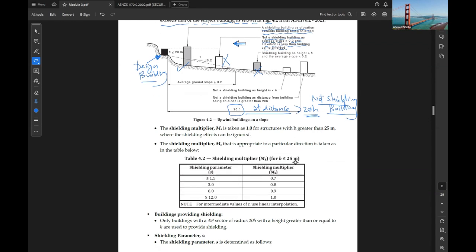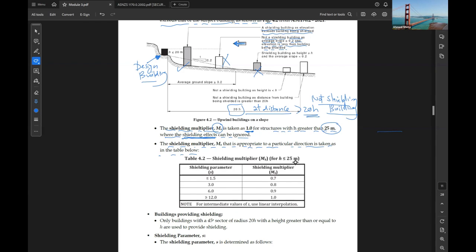The shielding multiplier MS can also be taken as 1 for structures with H greater than 25 meter, where the shielding effect can be ignored. You can take MS as 1 if the building height is more than 25 meter and the shielding effect can be ignored. The shielding multiplier that is appropriate to a particular direction is taken from the table.